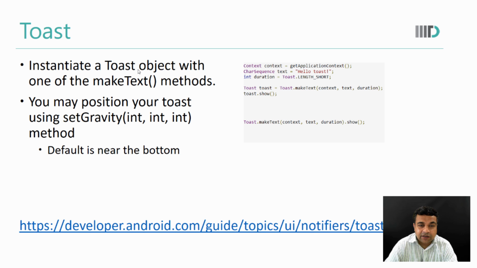There are also other definitions of makeText available and you can read about them using the following link. By default, your toast will be near the bottom. If you don't want it near the bottom, then you can use the setGravity method to set its position.